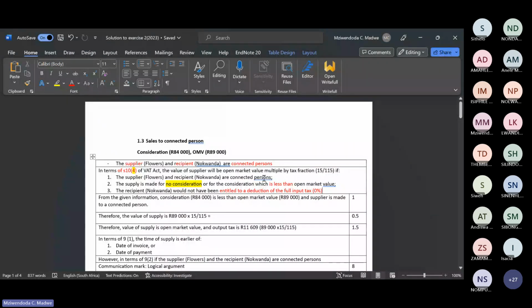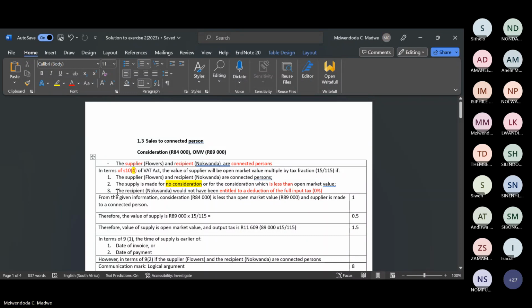So our example meets all these requirements. First requirement, supplier and recipient are connected persons. Number 2, the supply is made for a consideration which is less than open market value.